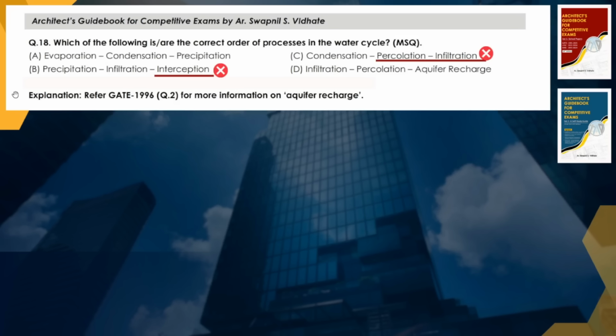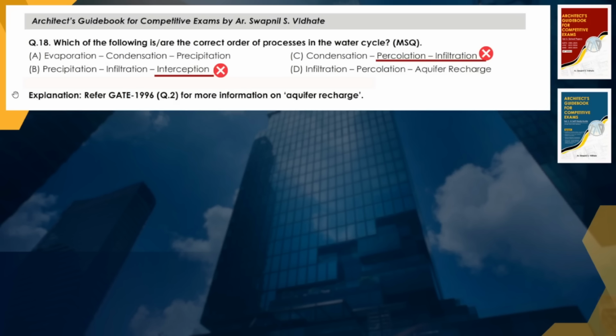So here if you carefully see the options, then interception or percolation, and percolation followed by the infiltration, this is not the correct order, and interception is definitely not related to the water cycle. So option B and option C are definitely the incorrect ones. Option A says evaporation followed by condensation followed by precipitation. Yes, it is the correct order.